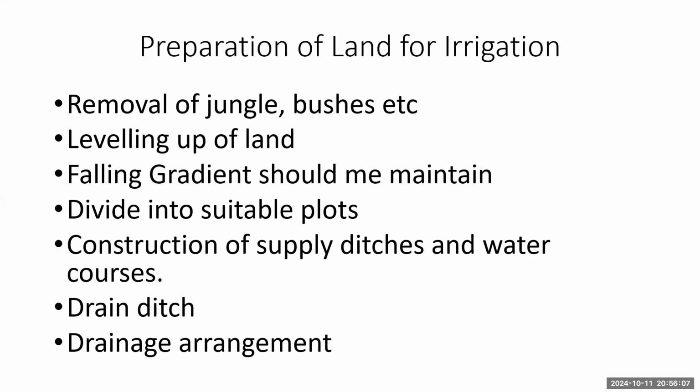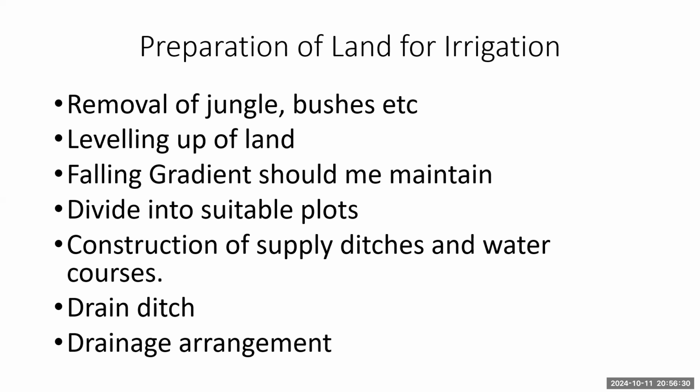Supply ditches supply water to the water courses or laterals, and then excess water is diverted to the drain ditches. So there is a necessity of excavating all these ditches.